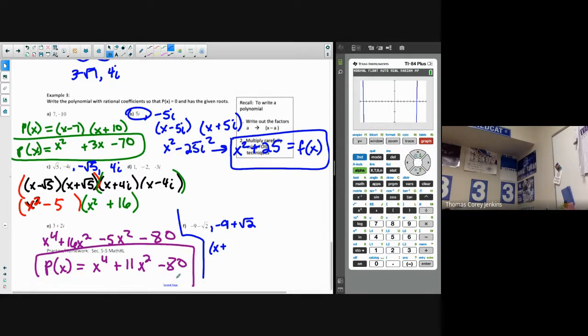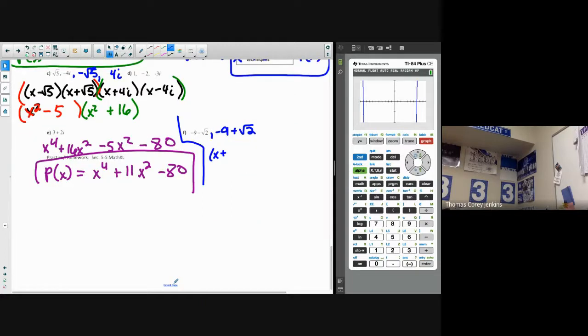I am glad that I showed this, and didn't just assume they were all the same as the rest. So x plus 9 minus the square root of 2 times x plus 9 plus the square root of 2. Like I said, that's pretty nasty looking.